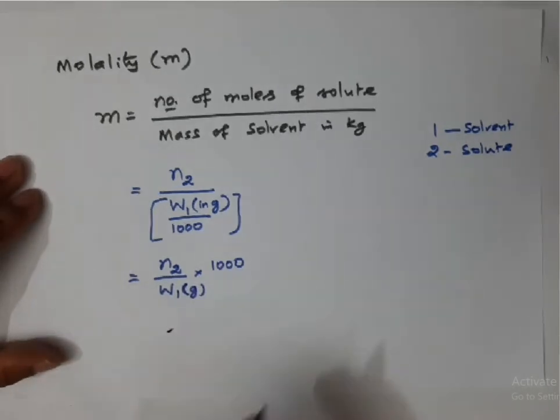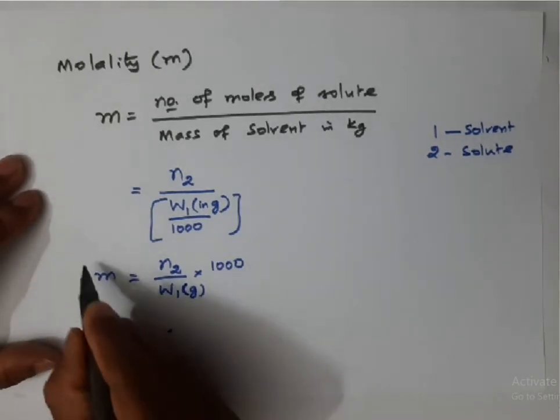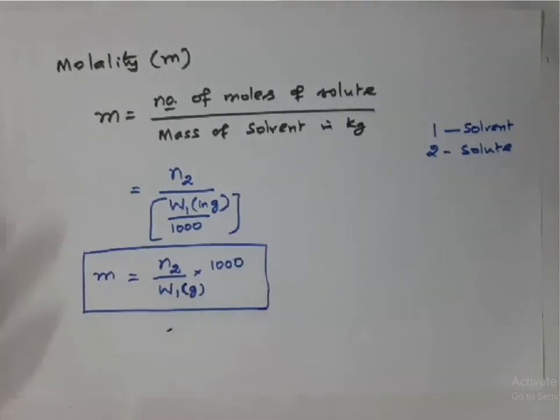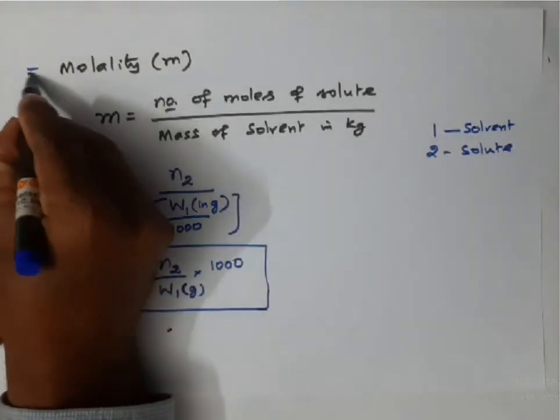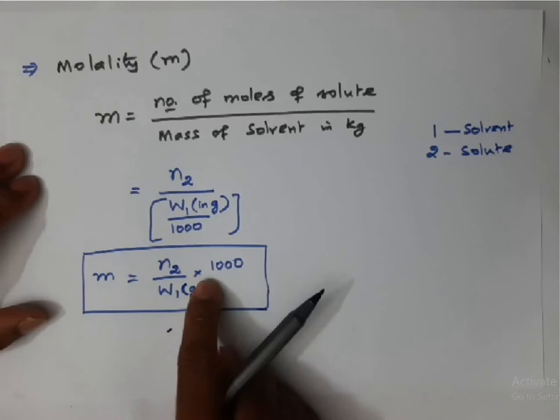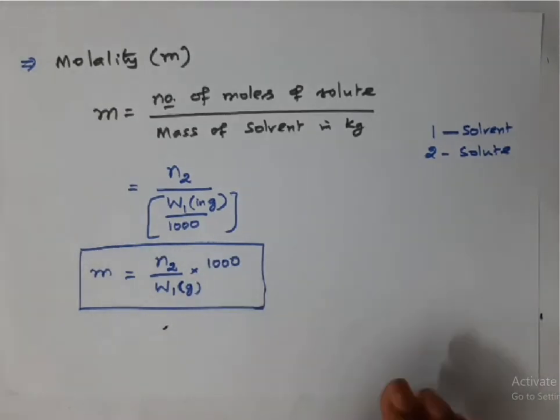So this is a simple relation for molality. Try to remember this, very, very important. N2 by W1 into 1000 will give you molality of a solution.